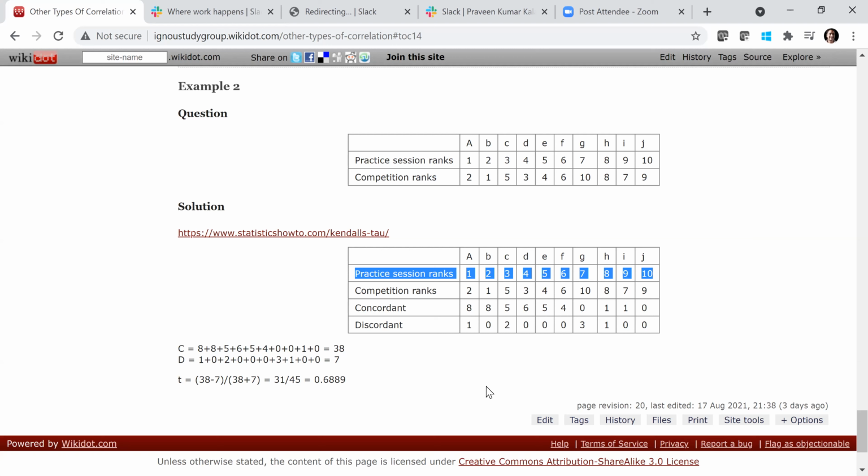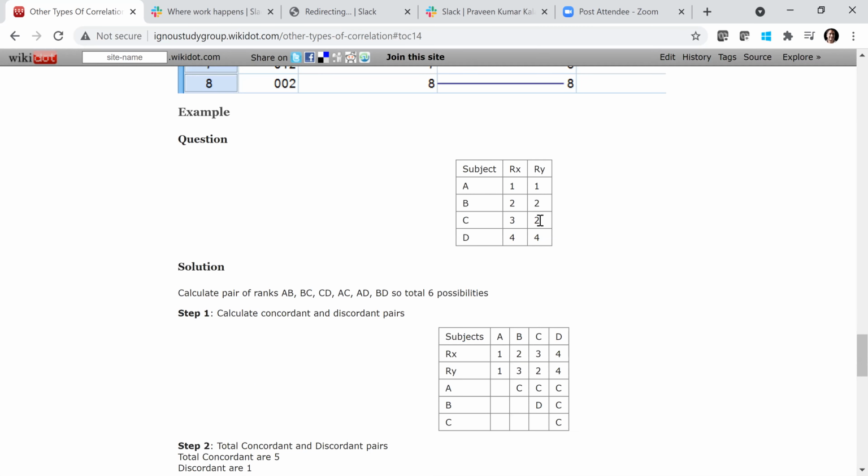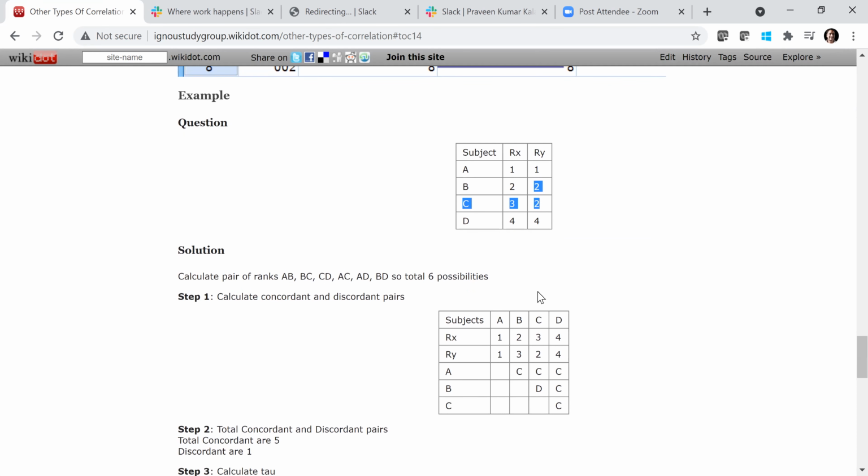Thank you. And the other question that I had is, suppose 2 children receive the same ranking, then? Yeah, that is okay. Let them have the same rank. It doesn't matter. For example, in this particular example that I have, I have 2 children with the same rank. So you can arrange it in whichever way you want.